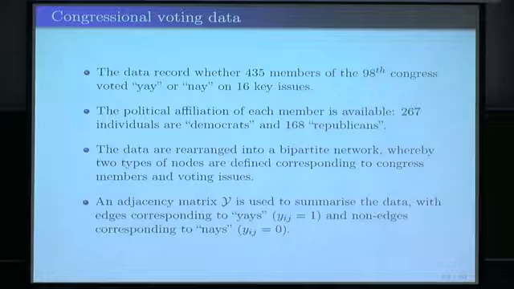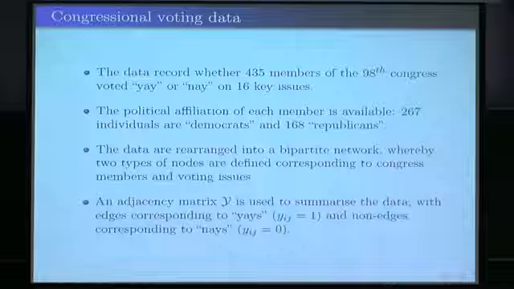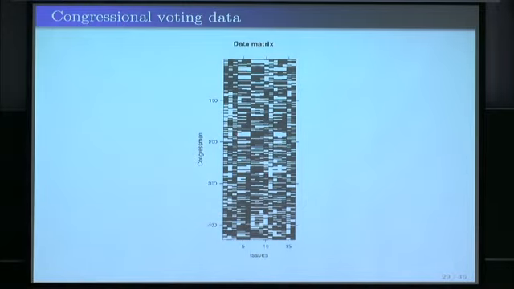One is the Congress members, and the second is the voting issues. We convert that into an adjacency matrix, with ones denoting yeas and zeros nays. So here's what the data looks like. And the question for us is to try to, in some way, permute the rows and columns so that we see some sort of blocking structure in the data.